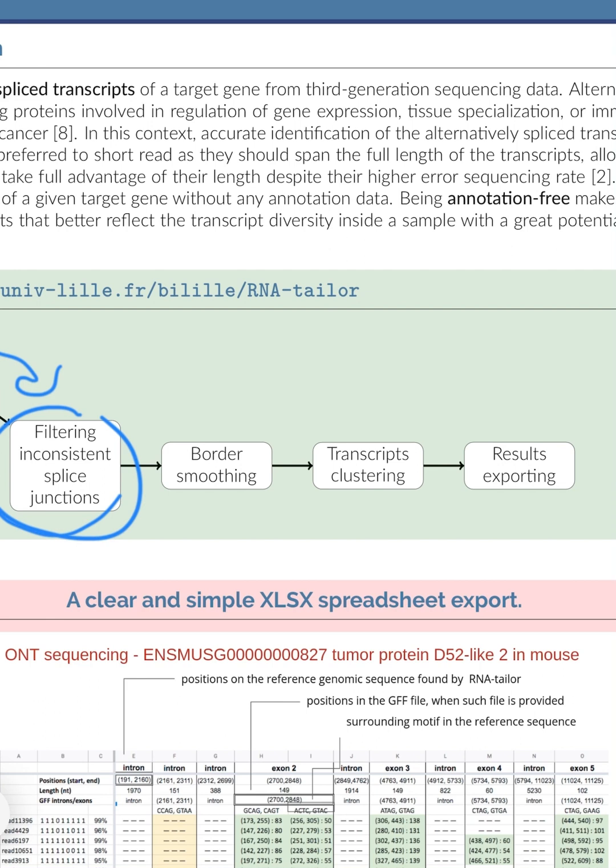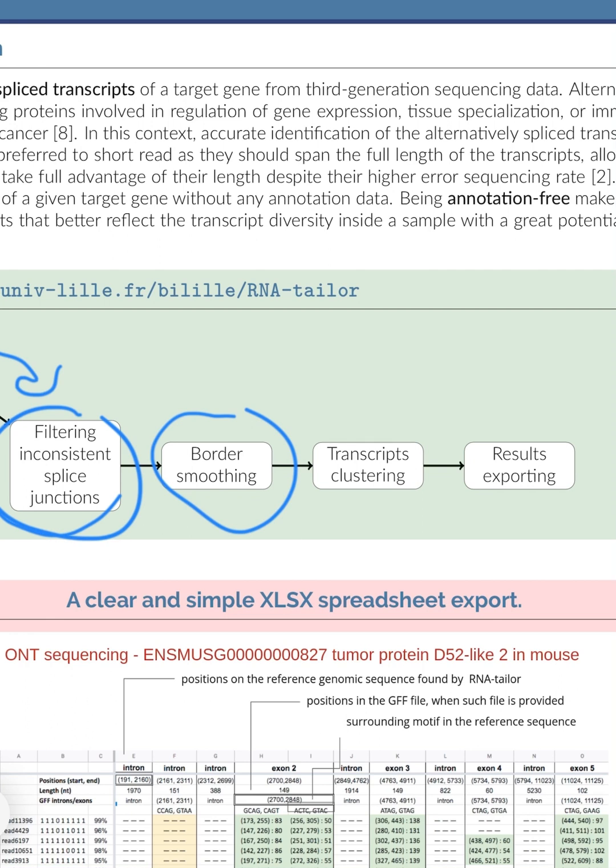So to account for this, we apply a majority vote method to select the most supported position of each splice junction on the genomic reference. As a result of border smoothing, here, we have a batch of reads with a homogeneous structure and precisely defined genomic position of splice junctions.